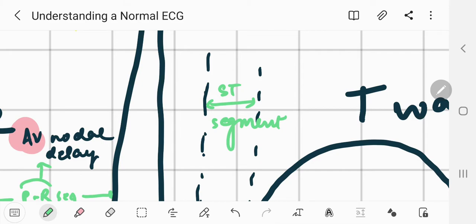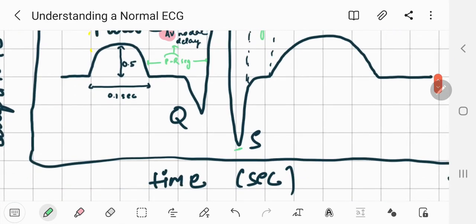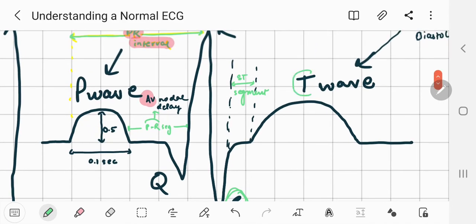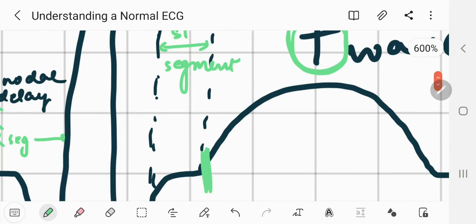Now, what does the ST segment actually denote? What do you have to understand about it? So the ST segment denotes basically the end of depolarization of the ventricles, S denotes the end of depolarization of the ventricles, and T denotes the beginning of repolarization of the ventricles. So the ST segment is the time between the two, and this is equal to 0.32 seconds. Please remember this.